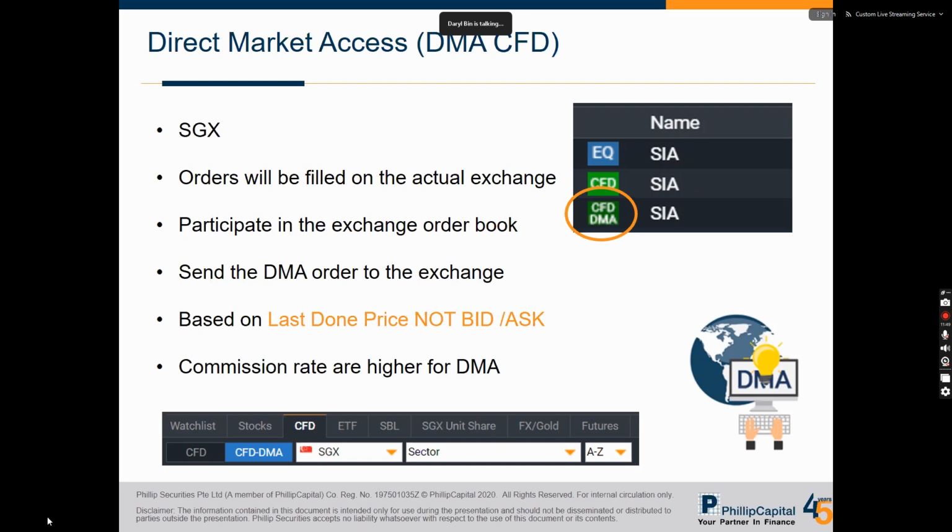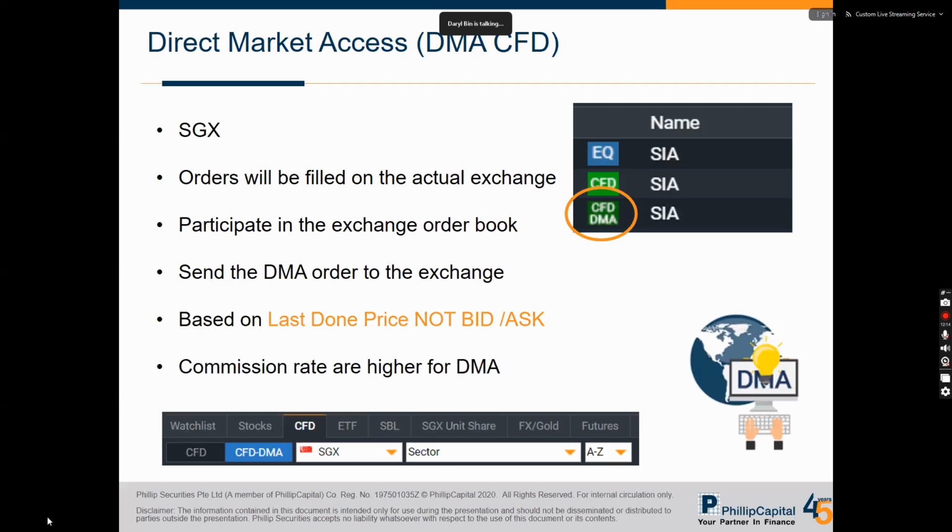When you search an SGX counter, you may see a CFD DMA. DMA means direct market access, which is only applicable for SGX counters. The stock is filled on the exchange and will participate in the exchange order book, which works very similar to stocks. We send the order to the exchange and then the exchange will execute it.